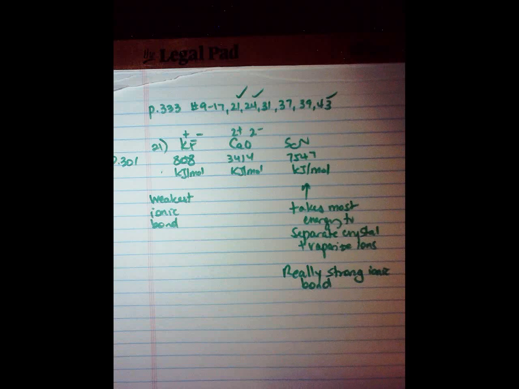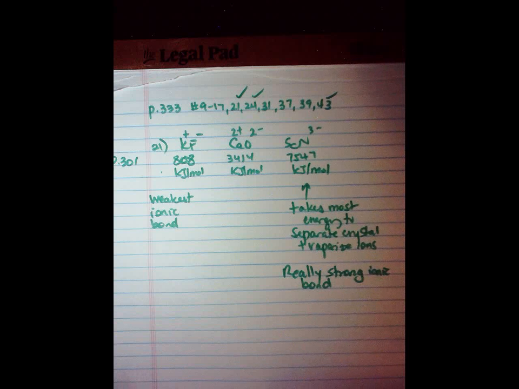What about the scandium and the nitrogen now? What's the charge of nitrogen? Well, it's 3- in this case. Where is scandium on the periodic table? It's 3d1.